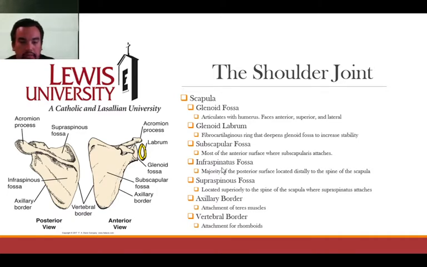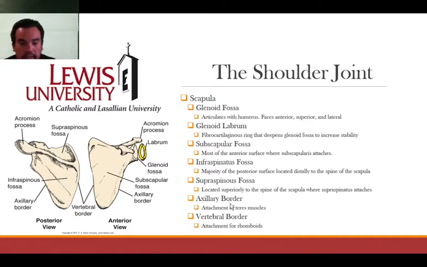You then have the infraspinatus fossa, which is on the posterior side, right underneath the spine of the scapula, and that is where the infraspinatus sits. You then have the supraspinatus fossa, which, if you haven't caught the trend by now, is where the supraspinatus muscle sits, and that's the superior portion of the spine of the scapula.